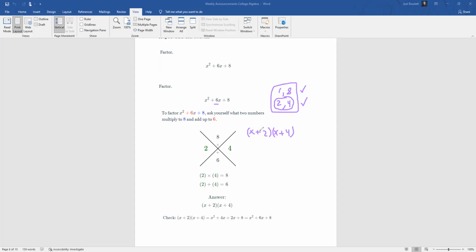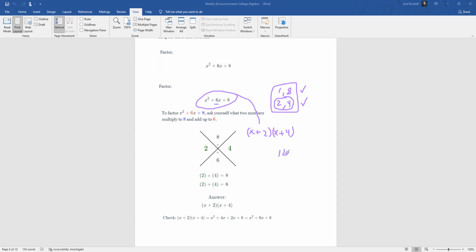And if I FOIL this, or if I use the box method, I will see that x plus 2 times x plus 4 will indeed take me back to the original problem. And if you think about it, you have been doing this type of thing since probably elementary school. For example, let's just take 16.